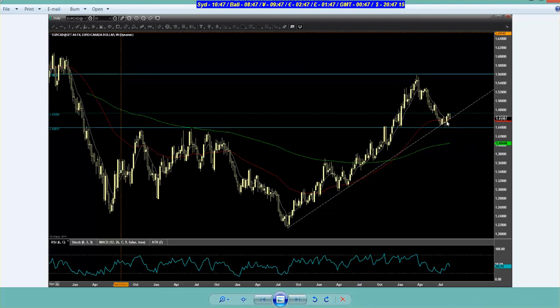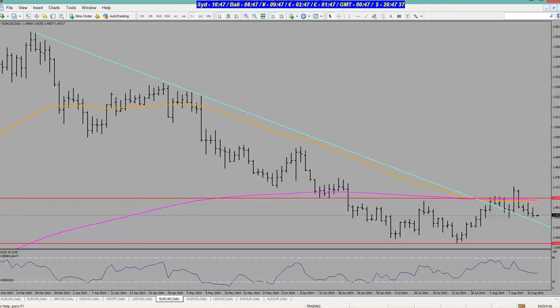You'd say either this is the third touch or the fourth touch. But obviously there's support there, and the 50 EMA, and if you do a fib, there's also a fib level here, and it's come back and retested this.